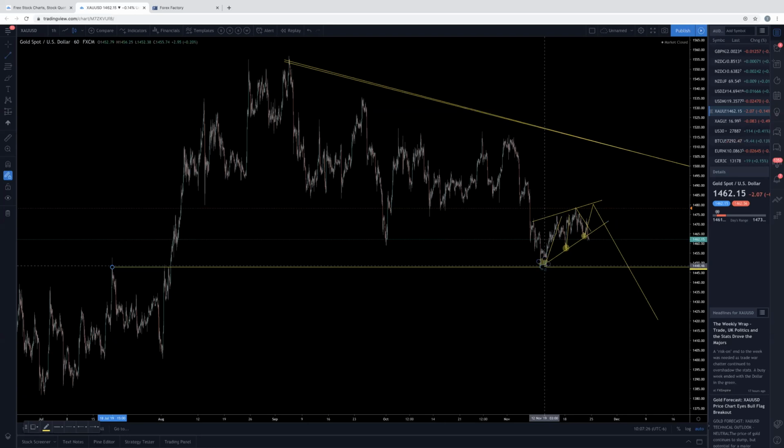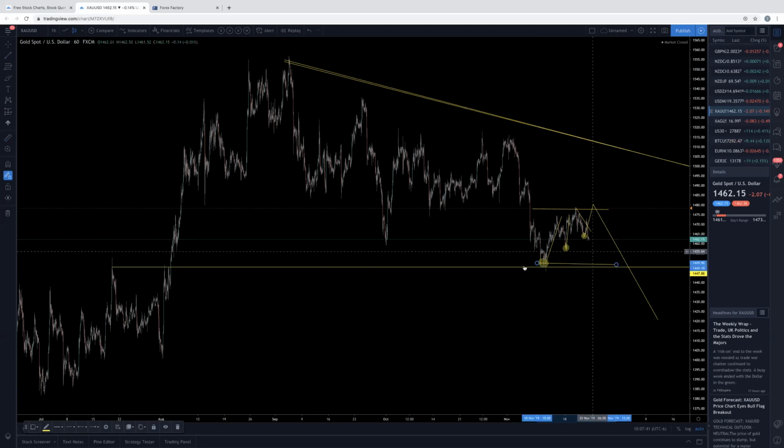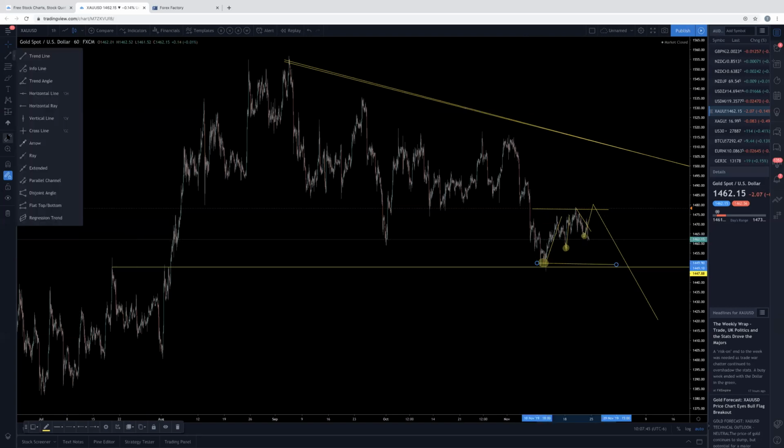A place of resistance. It's the bottom of this flag. So just to make it simpler for you all, it's just all about how you use your trend lines. Doesn't this look familiar? Yes. That is it. It's just the bottom of the flag.